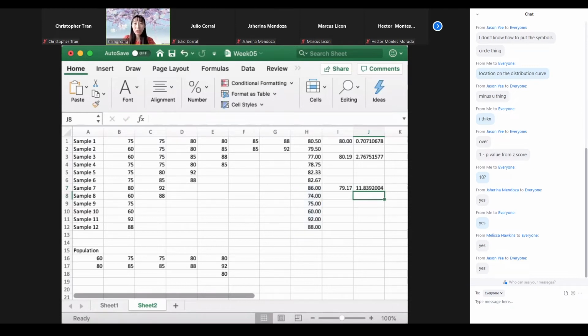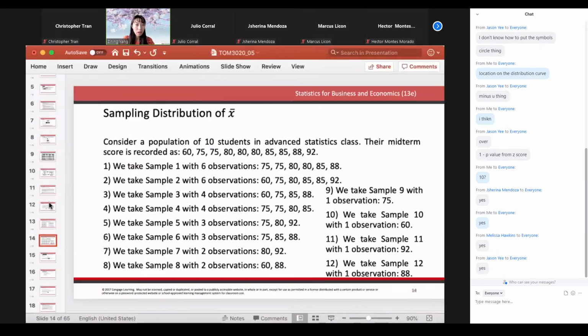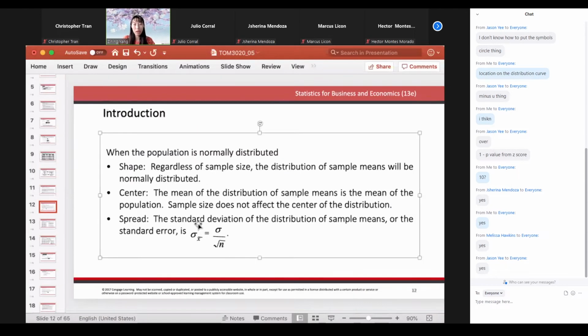So that translates back to the last bullet point, right? The spread, the standard deviation of the sampling distribution of your new random variable, sample mean, is calculated as population standard deviation over square root of sample size. That's how sample size is affecting the standard error.